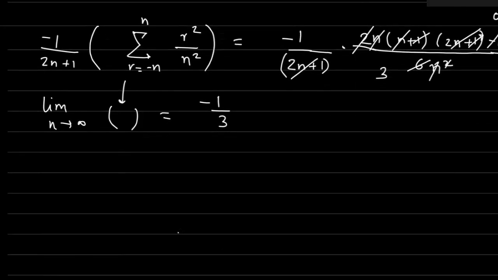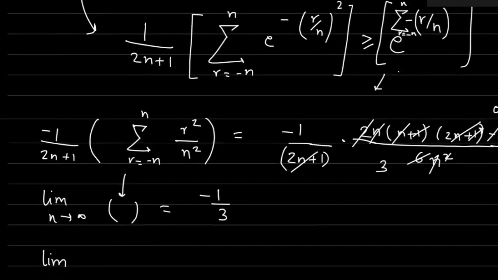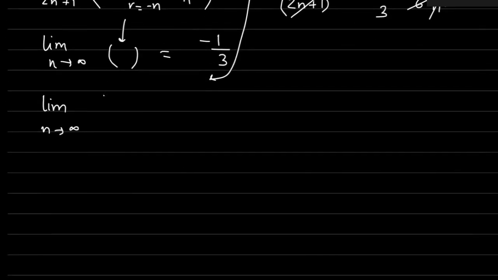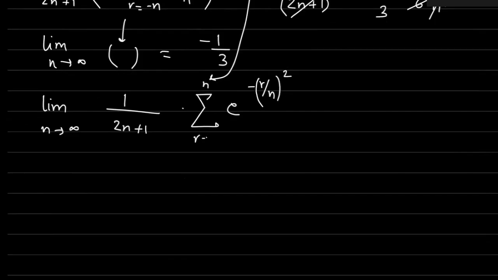Okay. So now notice this is the very crucial part. Now I'm bringing back this original thing: limit n tends to infinity, 2n plus 1 into the summation of e to the power minus r by n whole square, r equals minus n, is greater than or equal to e to the power minus 1 by 3.